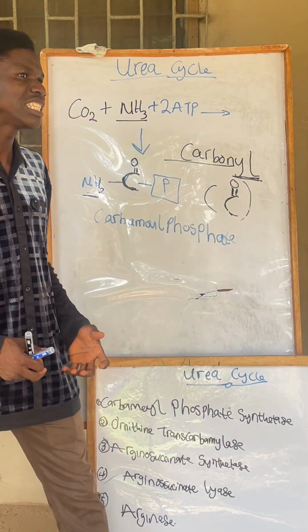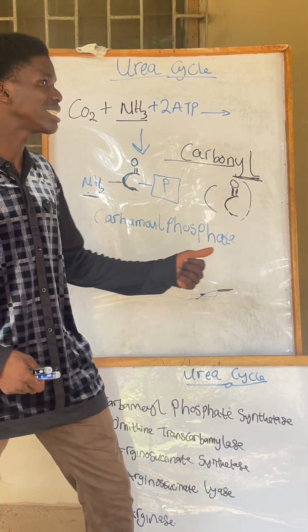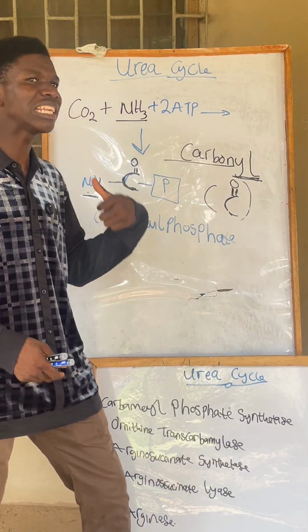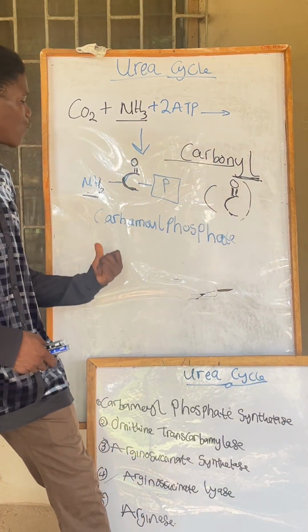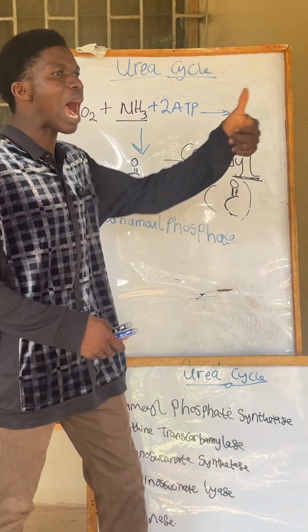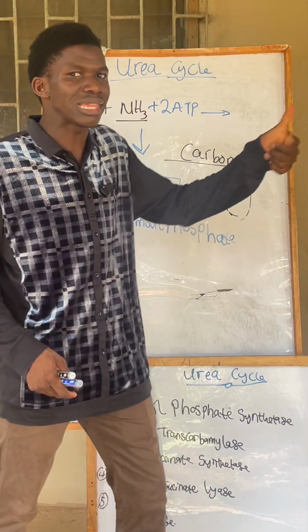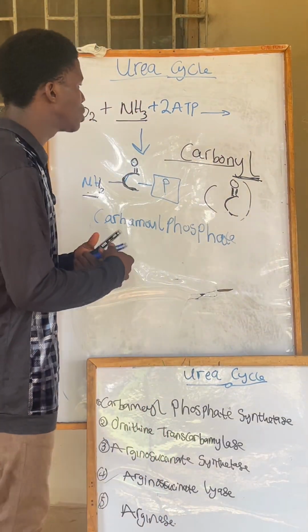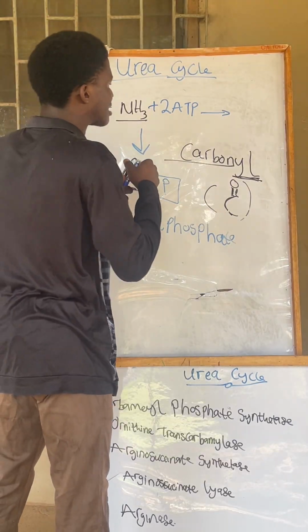So the name of the enzyme is carbamyl phosphate synthetase, an enzyme that is involved in the production of carbamyl phosphate. That's why they call it carbamyl phosphate synthetase. But you need to be very careful. We have something called synthetase and synthase.